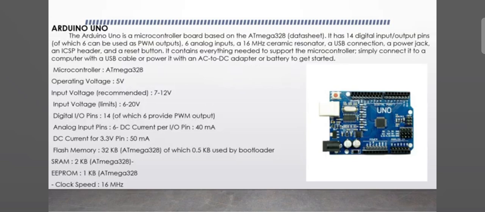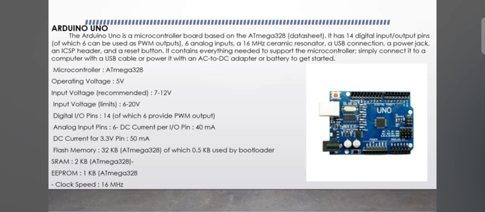Now let us come to Arduino UNO. The Arduino UNO is a microcontroller board based on the ATmega328. It has 14 digital input-output pins, 6 analog inputs, a 16 MHz ceramic resonator, a USB connection, a power jack, an ICSP header, and a reset button.